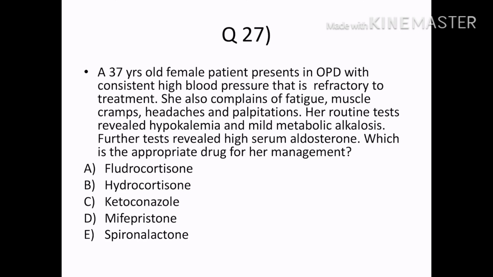So this patient is having aldosteronism. There is a high level of aldosterone in her serum, which is causing her hypokalemia and mild metabolic alkalosis, and this is also leading to her high blood pressure that is refractory to treatment. So we need a drug that would counter the effects of high serum aldosterone, and the answer is E. Spironolactone.